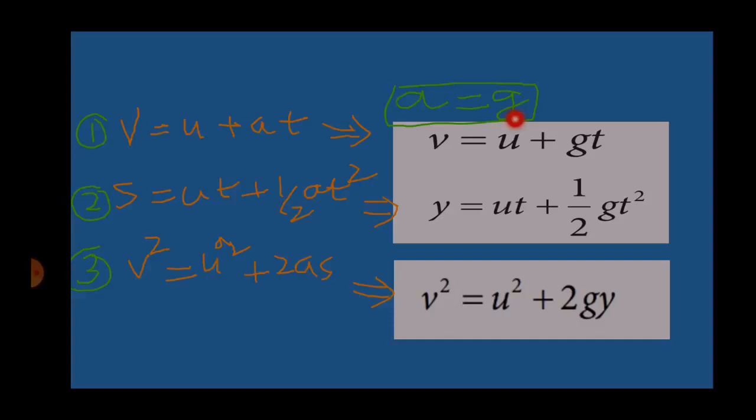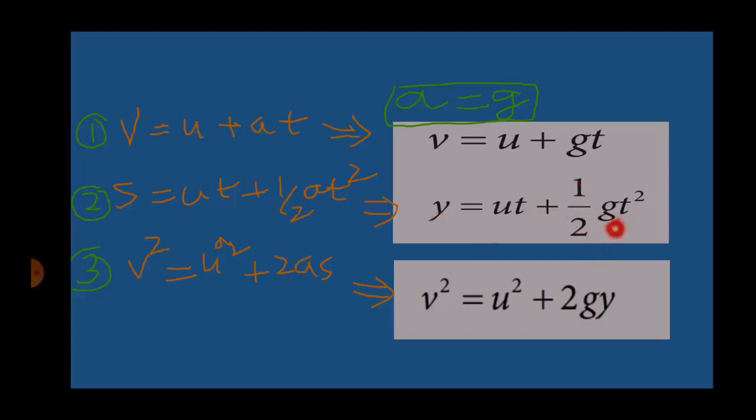Let me substitute this value in equation 1, v is equal to u plus at. We get v is equal to u plus gt, because a is equal to g. Substituting in equation 2, y, which is nothing but s, is equal to ut plus 1 by 2 gt square.